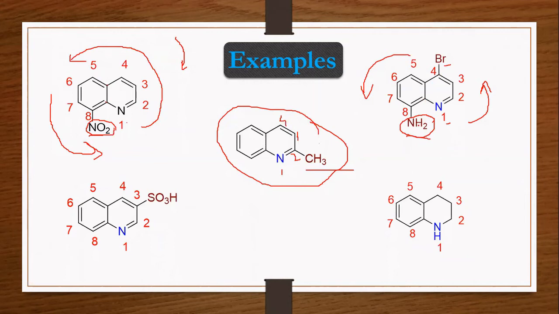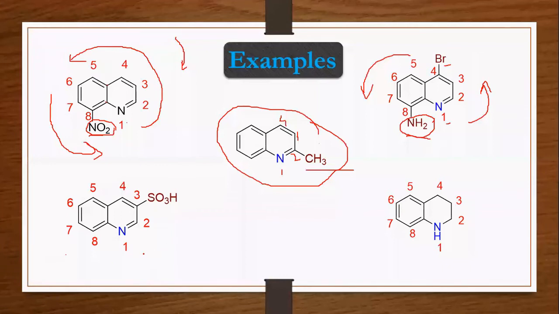Then you have to arrange these substituents in alphabetical order. Thus, amino will appear first and then bromo. The name of this molecule is 8-amino because NH2 is attached at the 8th position. 8-amino-4-bromoquinoline.